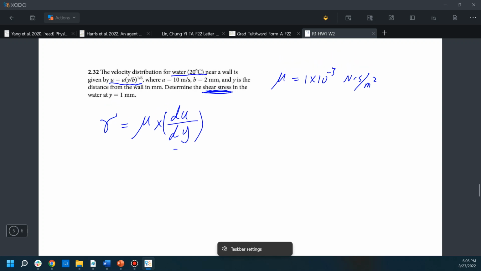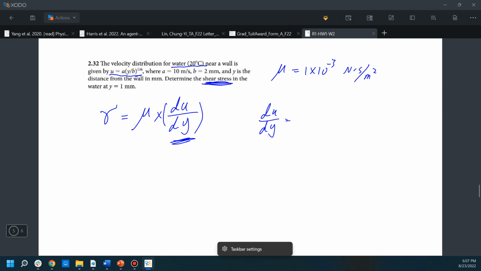And for this term, because we already have the equation for the velocity u, we just need to differentiate it with respect to y. So let's separate that term, and here it is equal to a times this.